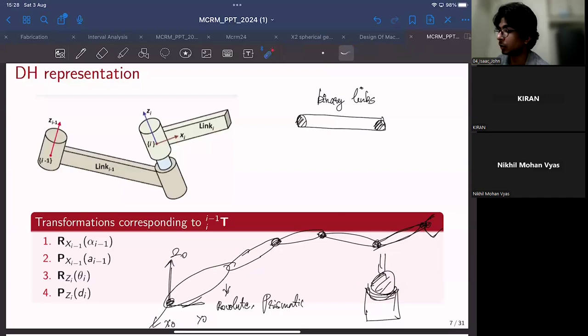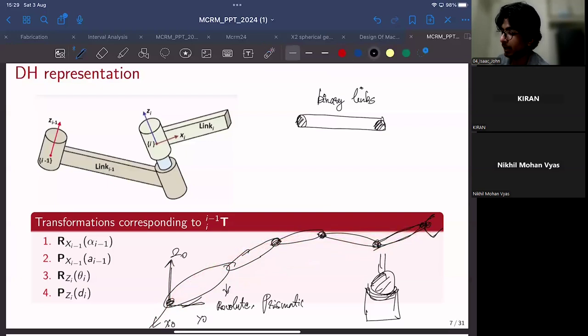In order to really control a robot, you would need to know the position and orientation of the tool with respect to a fixed frame of reference that is attached to the base. So the way to do this is to successively transfer the positions and orientations of all the links from the tooltip or the end effector all the way to the base.